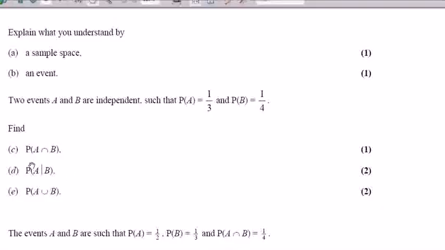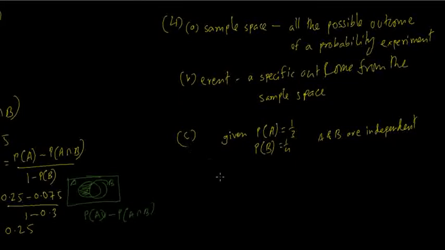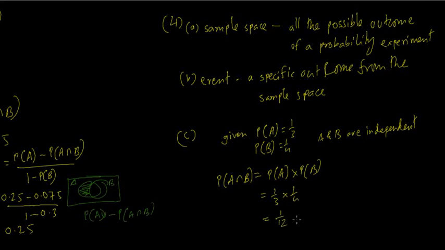So we have to find A intersection B. A intersection B can be found using the independent formula straight away. Probability of A intersection B is equals to probability of A multiplied by probability of B. That means it will be 1 by 3 multiplied by 1 by 4, which means 1 by 12.